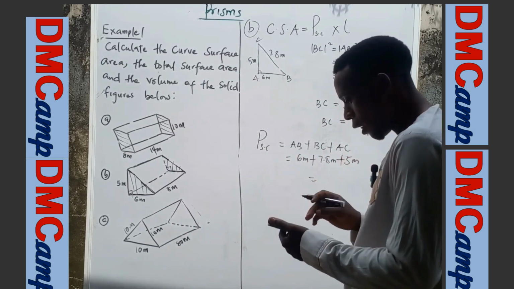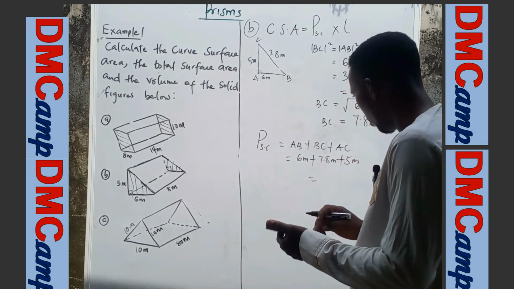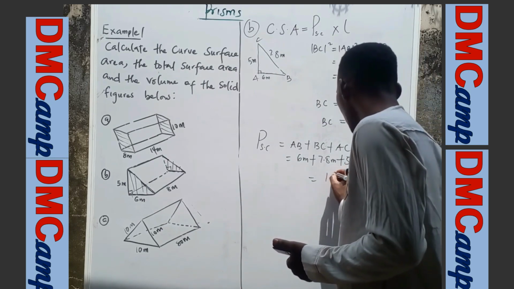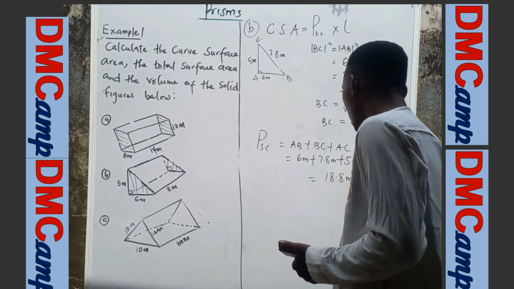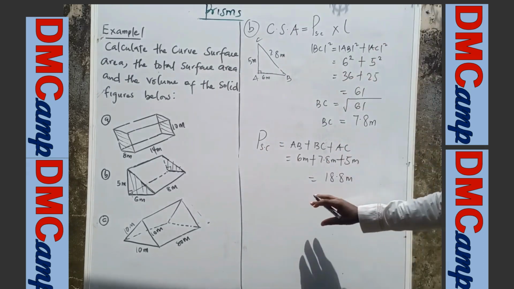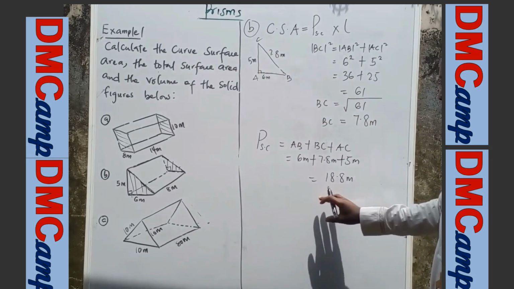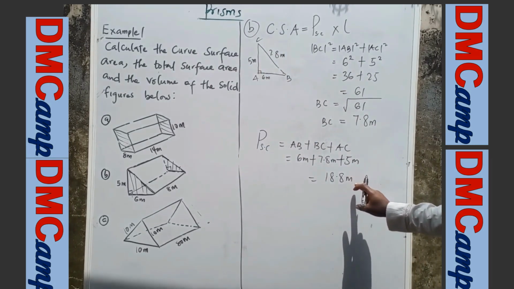Adding everything together, we have 18.8 meter as the perimeter. The perimeter of this shape, the cross section, is equal to 18.8 meter.